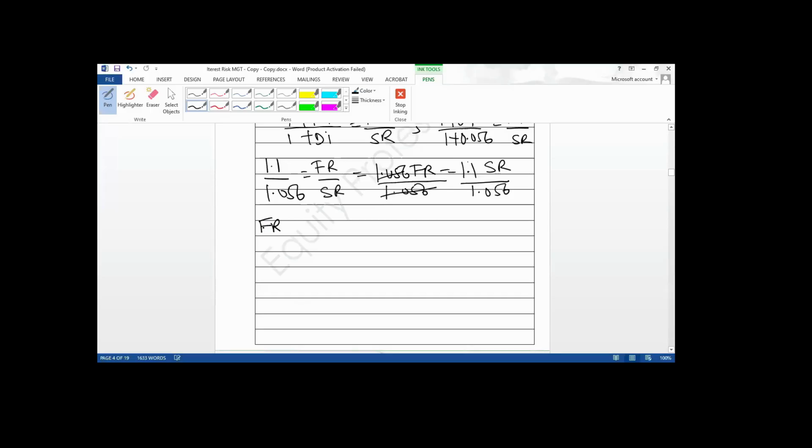Forward rate for year one now. If I want to get year one rates, my year one forward rate is equal to 1.1 multiplied by the spot rate now, which is 1.60, over 1.056. Please work this out. That will give you the year one exchange rate.